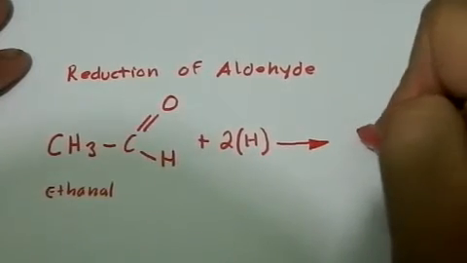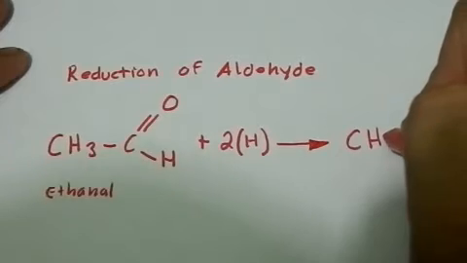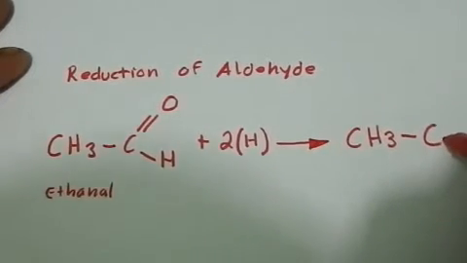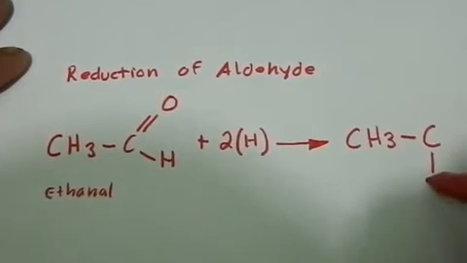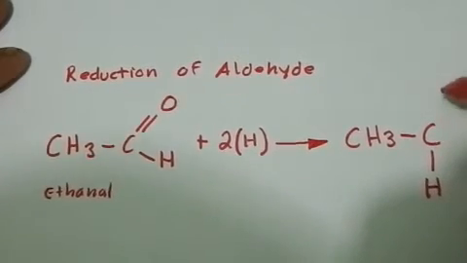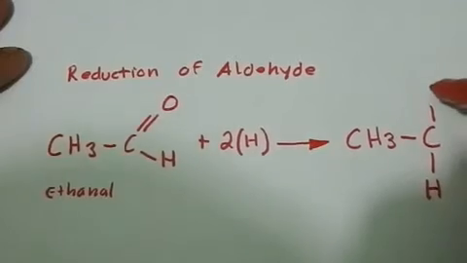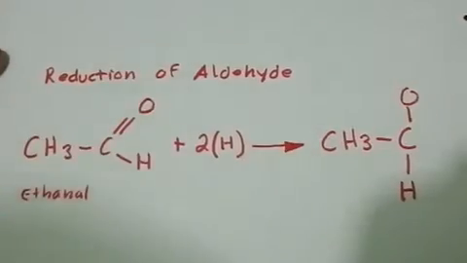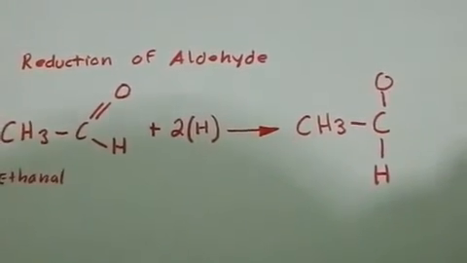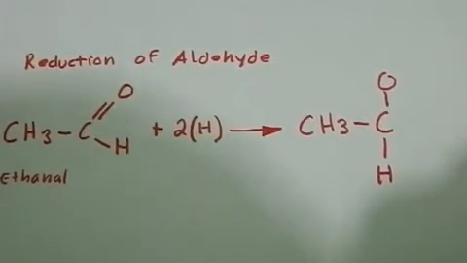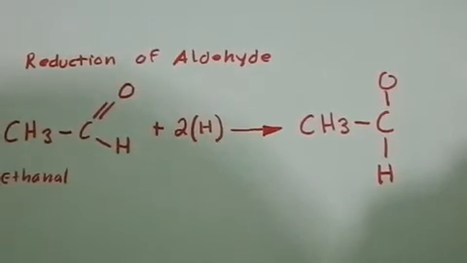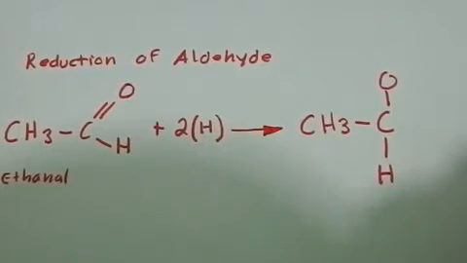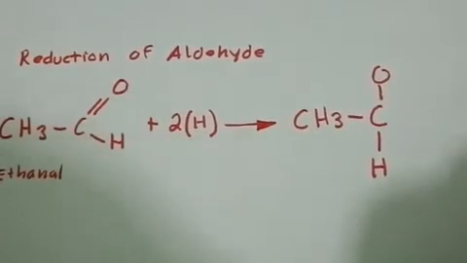So we have our CH3. Now, with reduction, what we're basically doing is the opposite of what we did with oxidation. So now we're going to be distributing these two H's here. How do we do it?